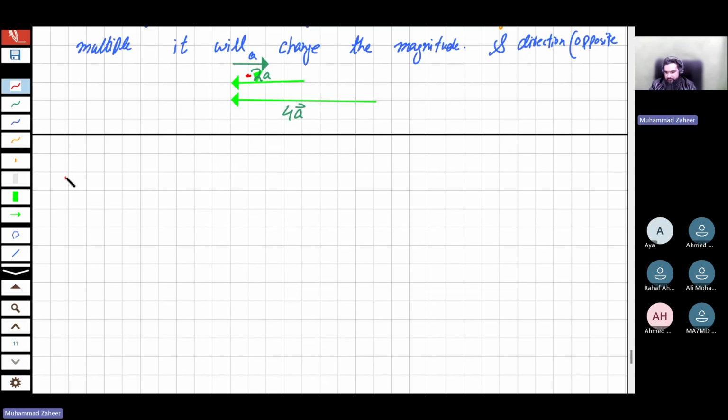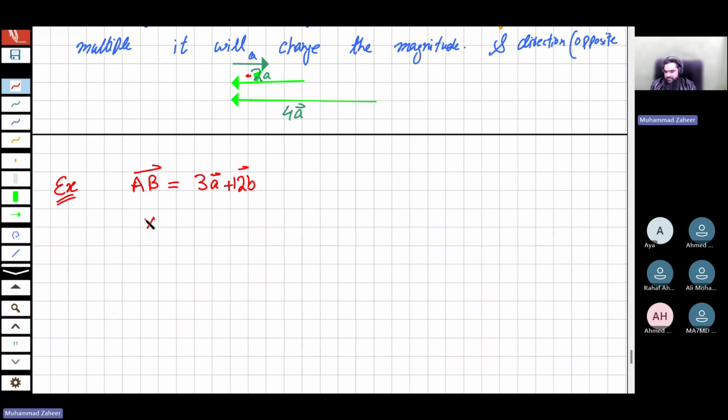For example, you have a vector AB that is 3a plus 12b.